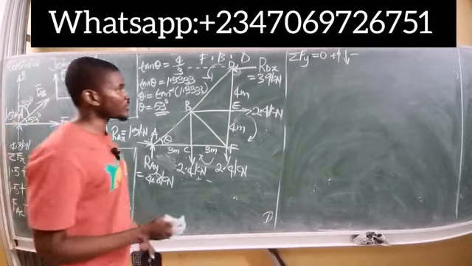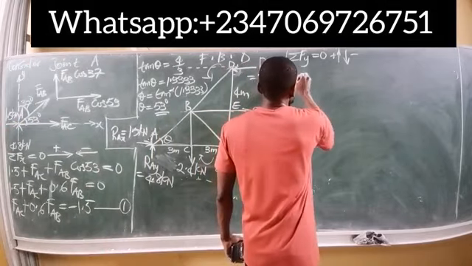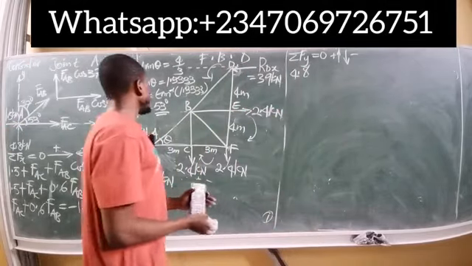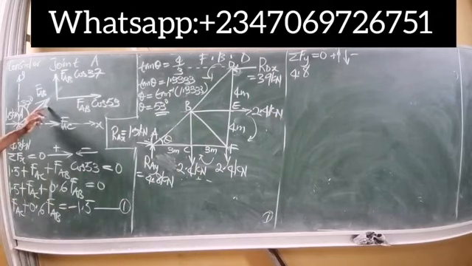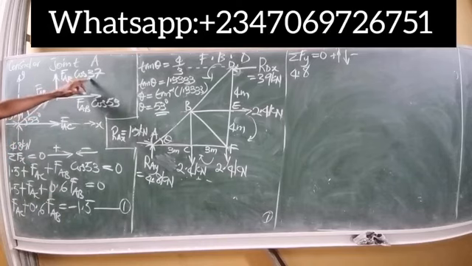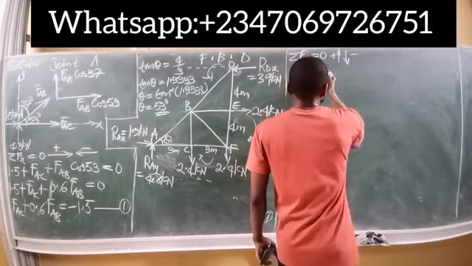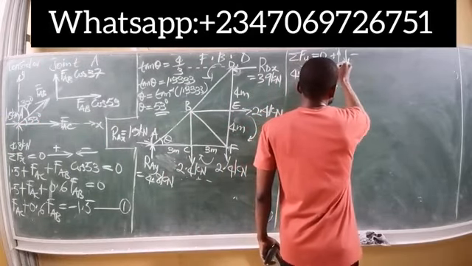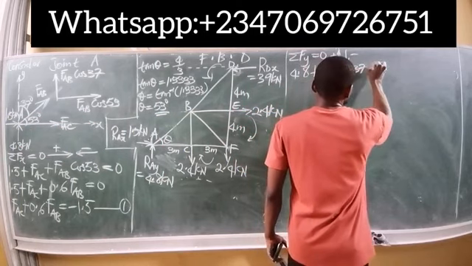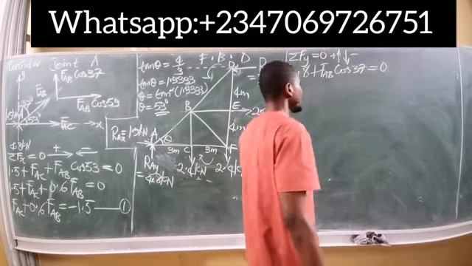Simply put it down, 4.8. Also, when we resolve this force FAB, here it pointed upward, so it's also positive, and the value is simply FAB cos 37. These are the only two vertical forces we have on this joint. So plus FAB cos 37, and this is equal to 0.